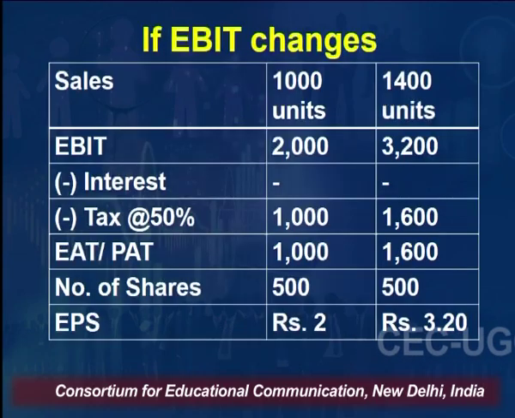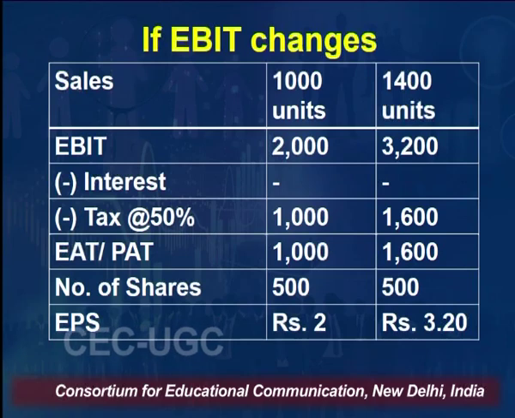Now, if we want to extend the same example that we are discussing so far for the leverage, we will move ahead from the EBIT part. Our EBIT was 2,000 and 3,200 in the case of 1000 units sold and 1400 units sold respectively. There is no interest. Tax is 50%. So, 50% of 2000 is 1000 and 50% of 3200 is 1600. Okay. Our earnings after tax will be 1000 and 1600 in both the cases. The number of shares in our capital structure are 500 in both the cases.